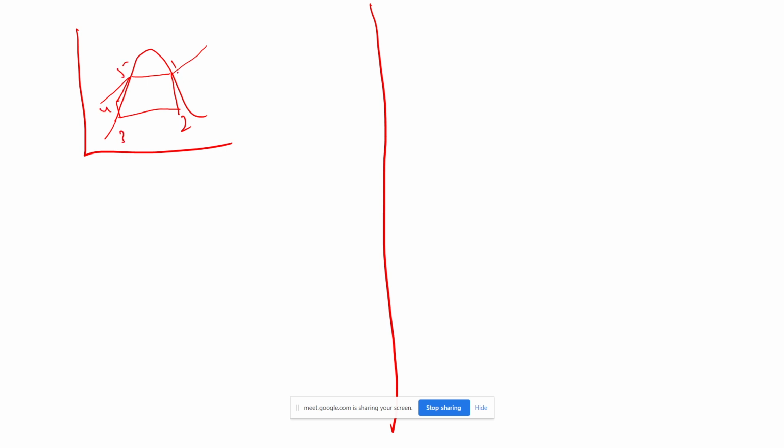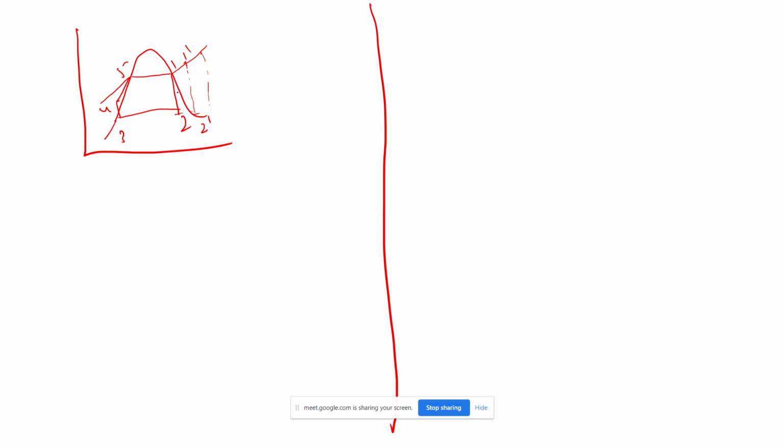We are increasing the temperature at constant pressure, so if this is 2 dash, the rest remains the same.